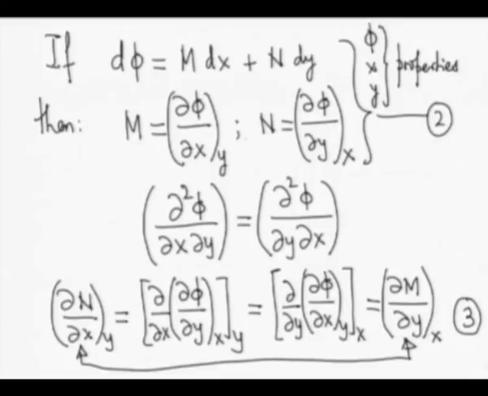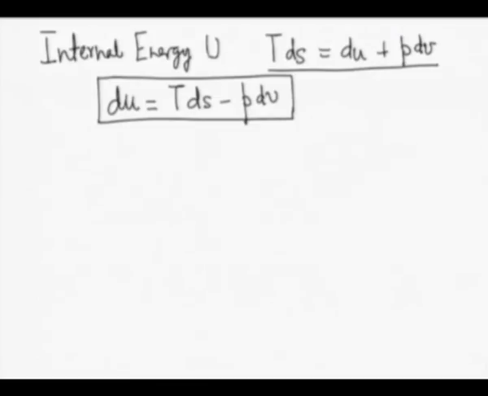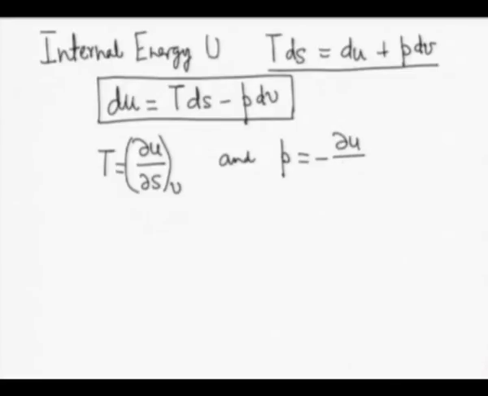So we can write m and n as partial derivatives of U. So this gives us T must be partial of U with respect to S at constant V, and minus p, or I will write p, must equal minus partial of U with respect to V at constant S.